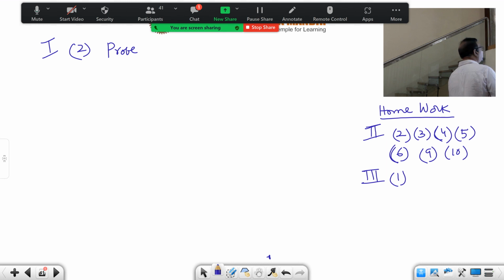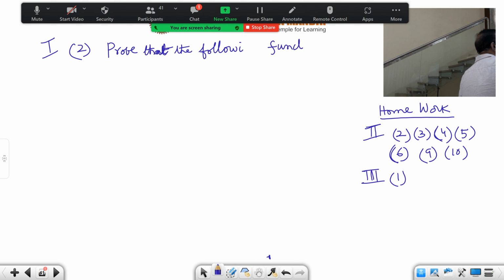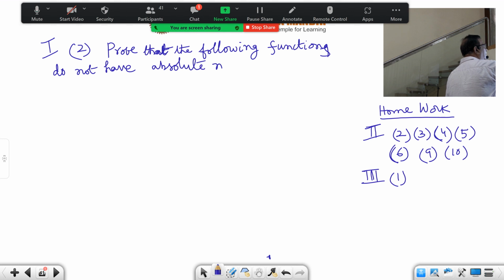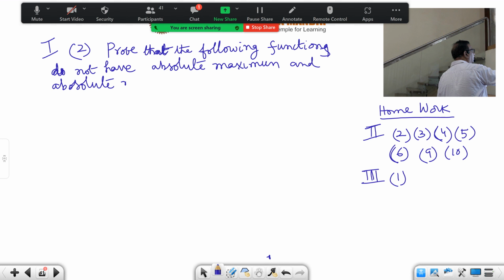Now the question is, prove that the following functions do not have absolute maximum and absolute minimum.